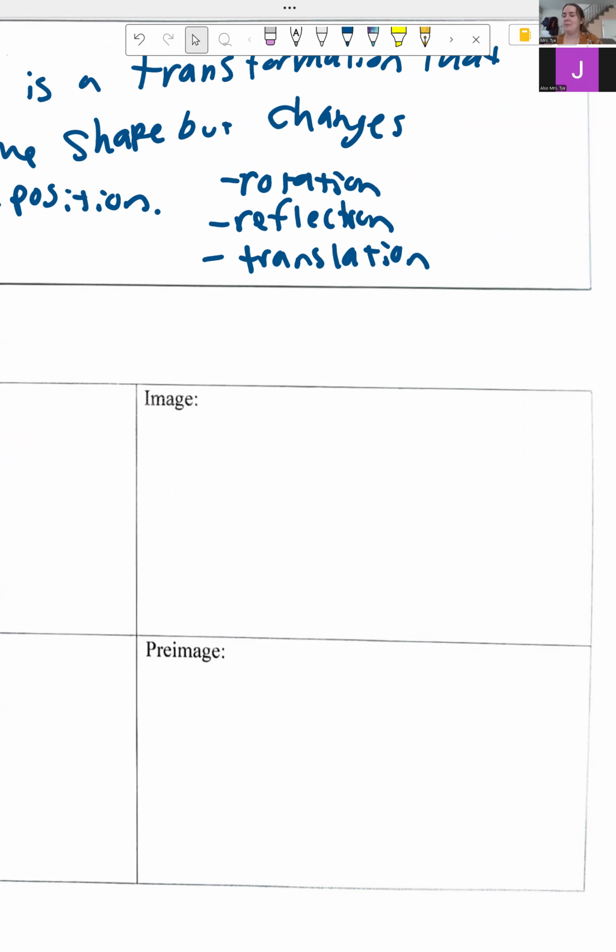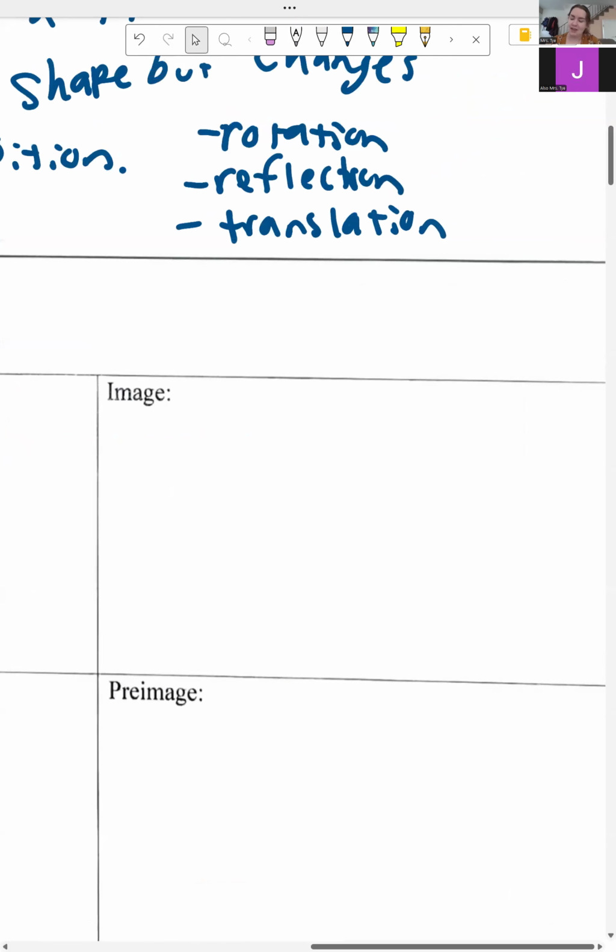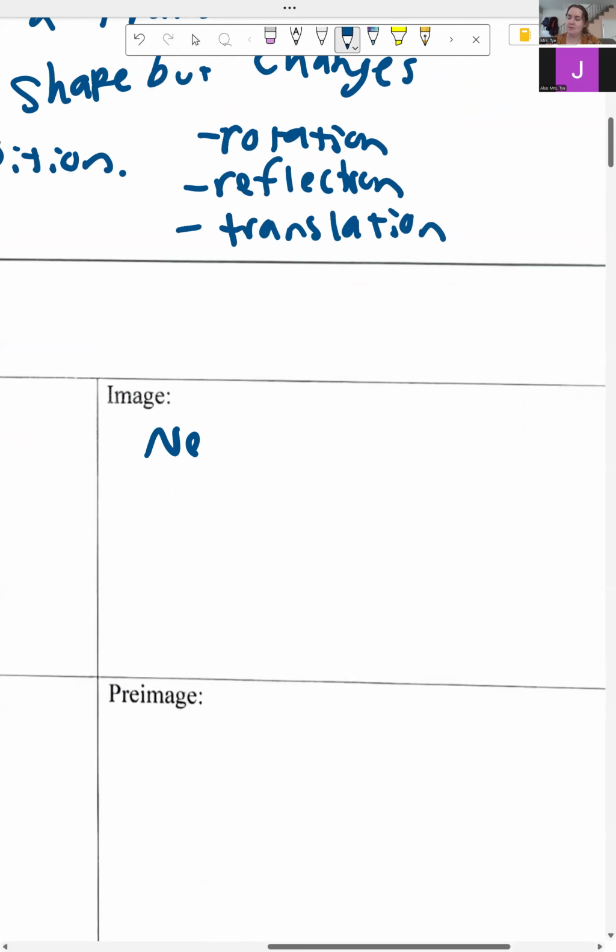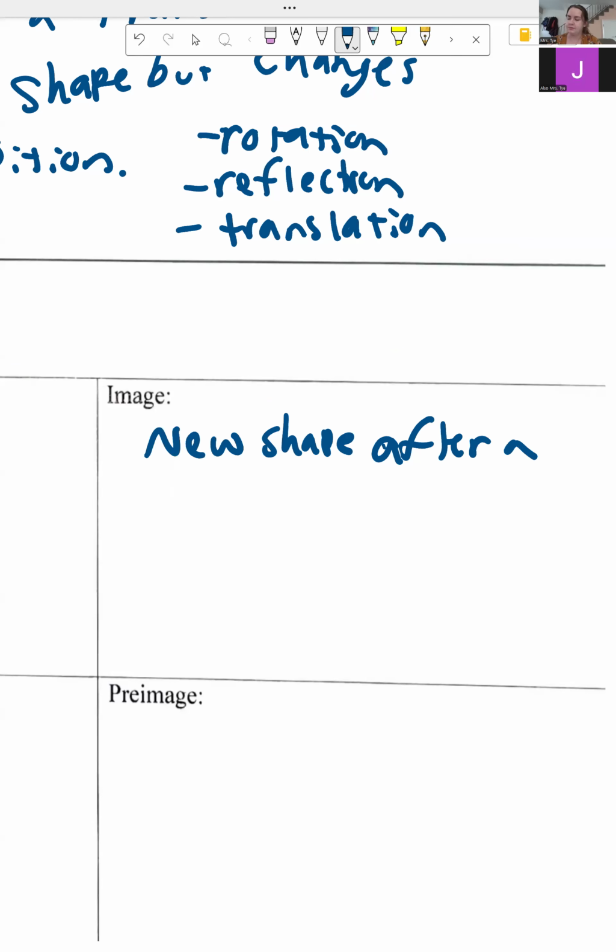Okay, we're gonna talk about the image next. Okay, the image is the new shape after a transformation. Okay, and this is just an example of what the notation we would use would be.